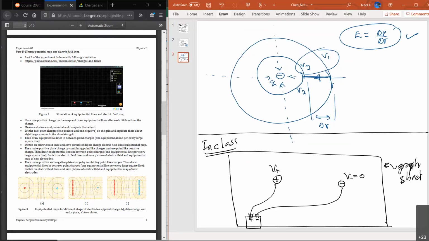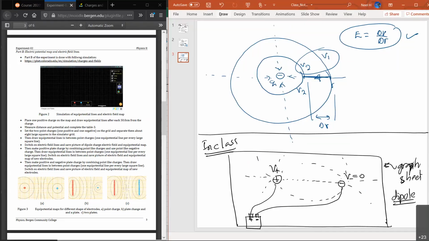These two charges look like point particles, so we call this a dipole, right? You have one positive, one negative close by each other, that is a dipole. Now the electric field lines should start from positive going towards negative, right? They should look like that, but this is invisible. You can't really see these lines, in real life.